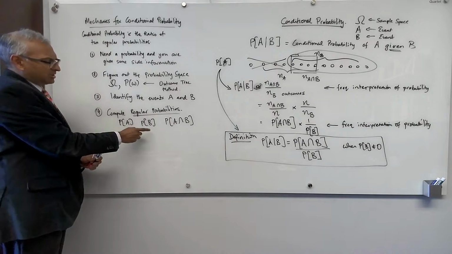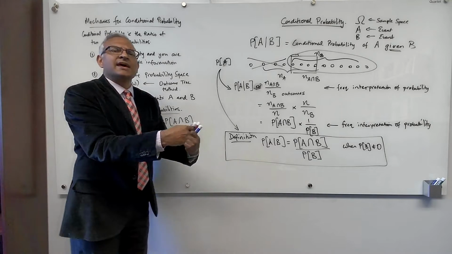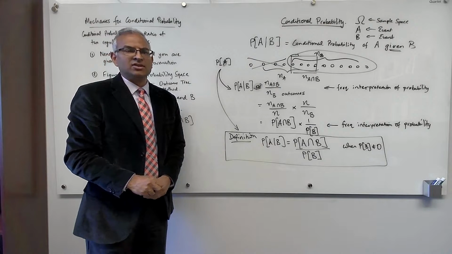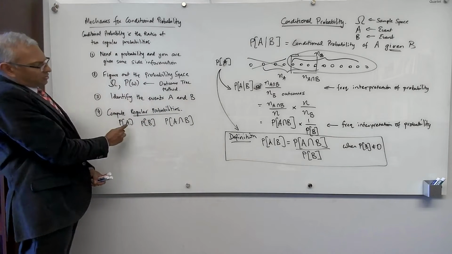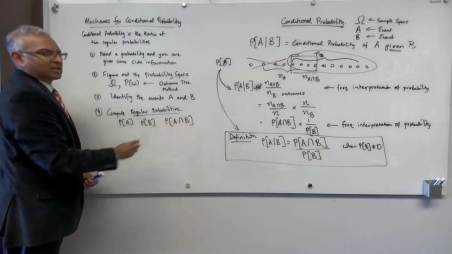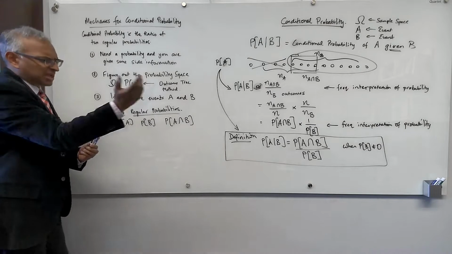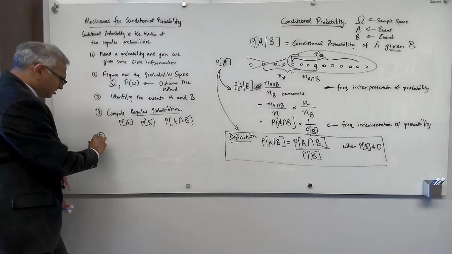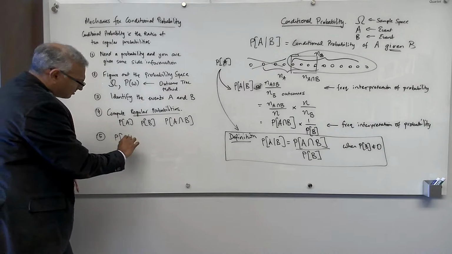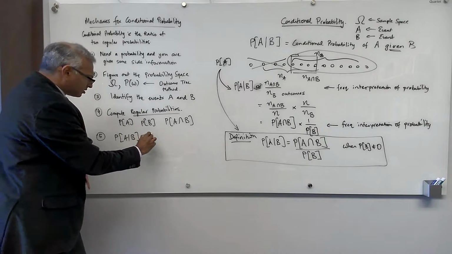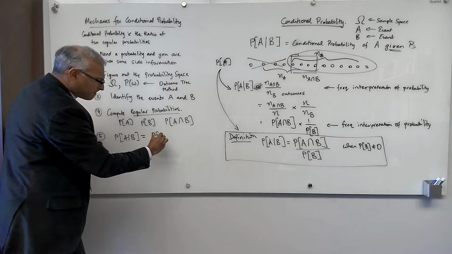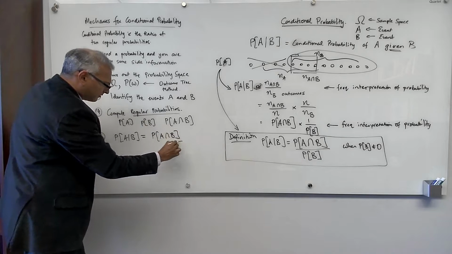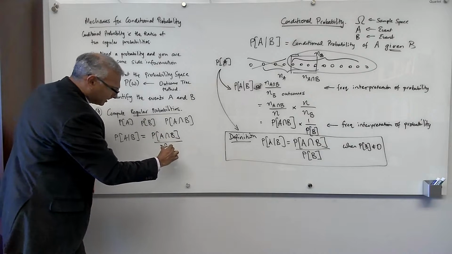For each outcome in the corresponding event, you just add up the outcome probabilities. You know all the outcome probabilities and the events A and B, so you also know the event A intersection B. Then you just apply the formula. Very simple. The probability of A given B is equal to the probability of A and B divided by the probability of B.